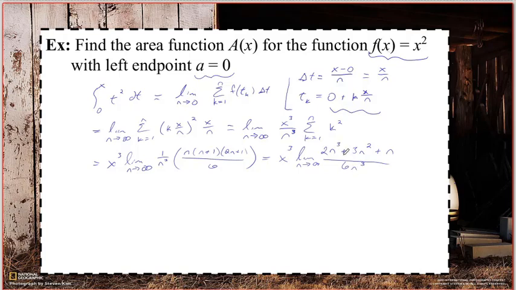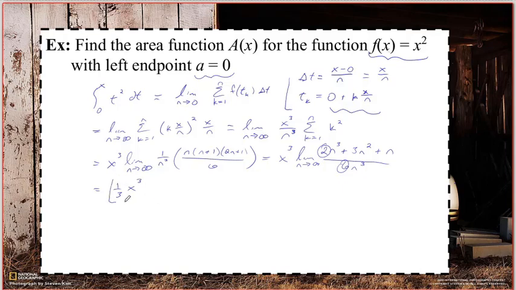Now, if you break these up and take the limit, or if we just think about taking the limit of the rational function, you'll see that you're going to be left with 2 over 6, which is 1/3. So this whole thing becomes 1/3 x to the third.